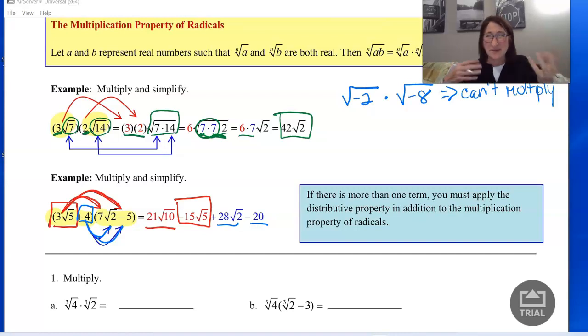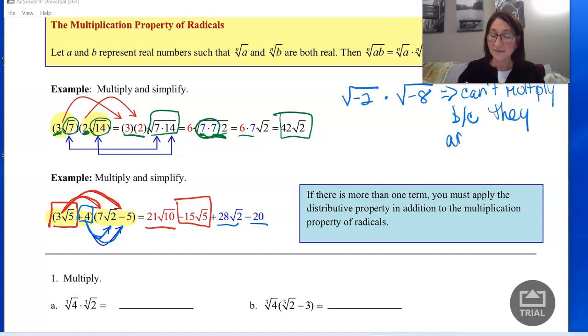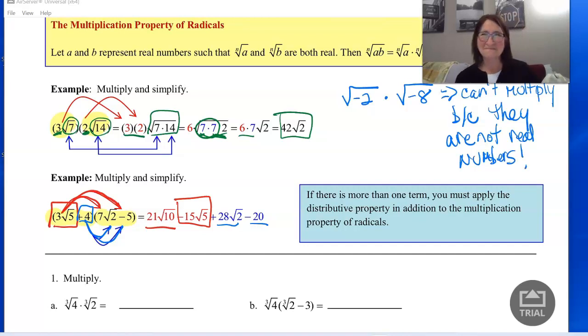But if I take that negative times a negative, don't I get a positive 16? Doesn't work that way. Okay? You can't take something that's not a real number and multiply it times something that's not a real number. So you can't multiply these because they are not real numbers. That's why. Okay, so we don't even try.